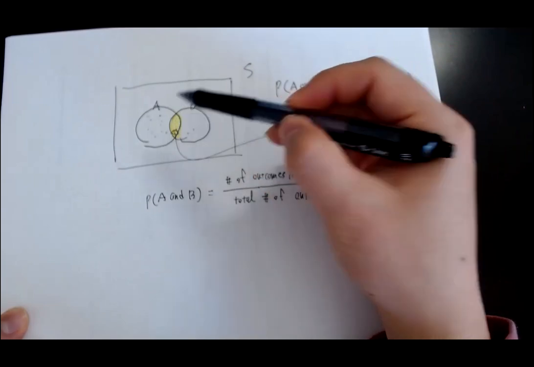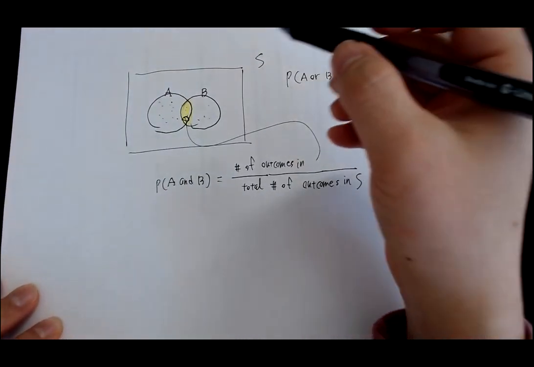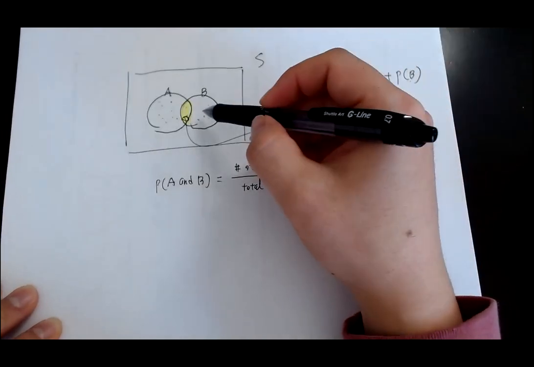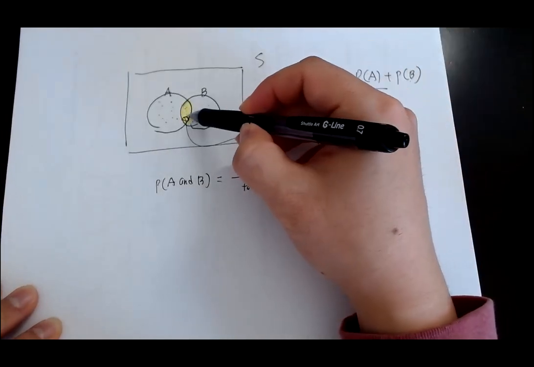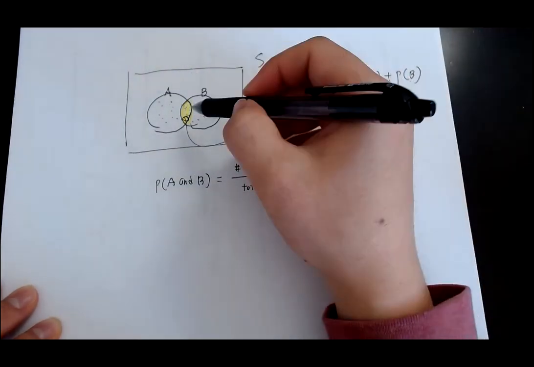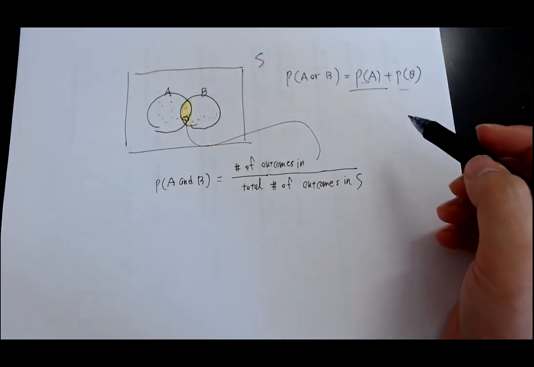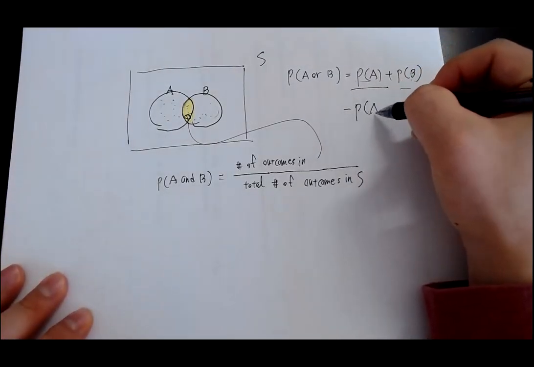When you find the probability of B, we count not only the outcomes in this region but also this one. So we count the outcomes in that area twice. That's why we subtract probability of A and B.